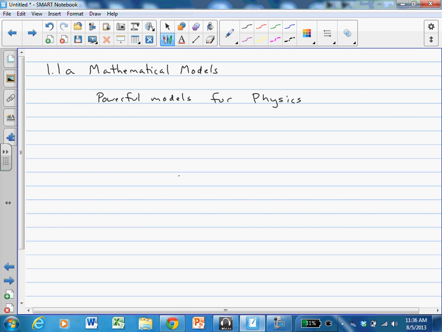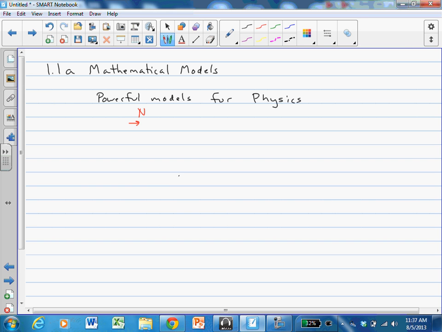In physics there's a lot of theory and models are constructed, but to really gain a lot of understanding of a process, we need to incorporate mathematics into the solving of physics problems and in describing how nature works.